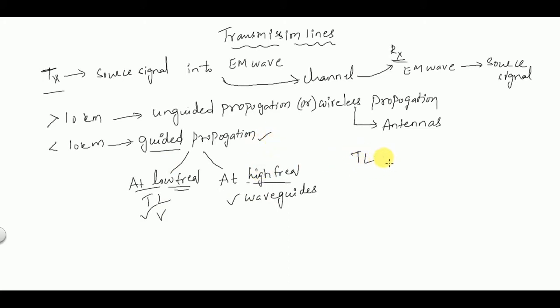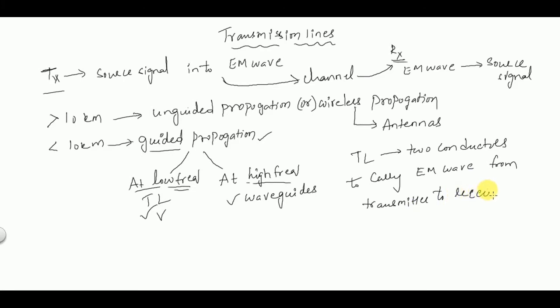Okay, so a transmission line basically consists of two conductors, which are used to carry the electromagnetic wave from the transmitter to the receiver. This is important: it consists of two conductors which carry the EM wave from transmitter to receiver.